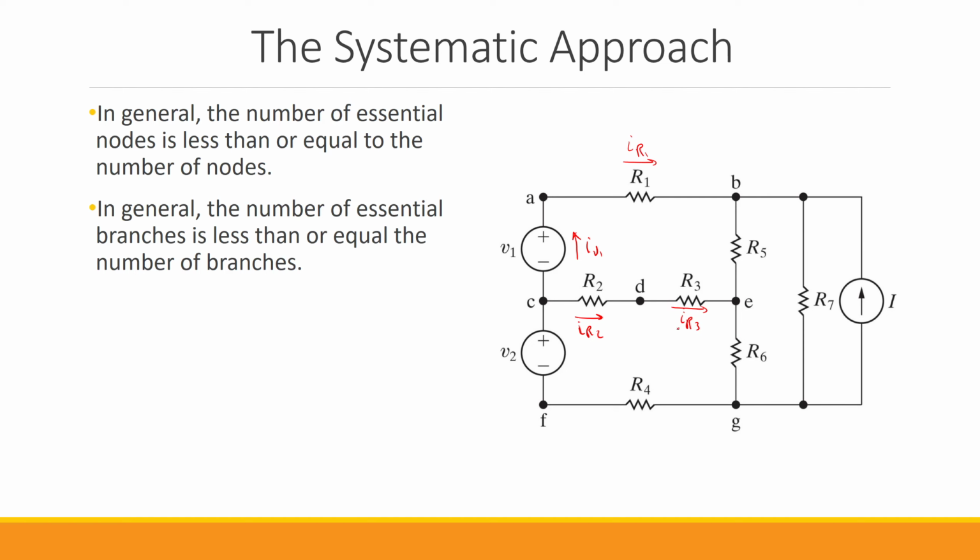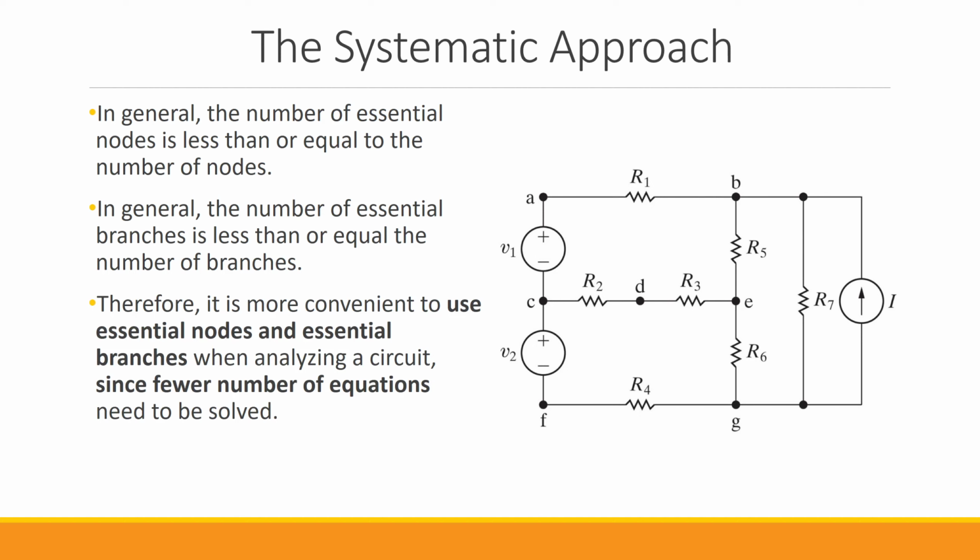So if we know only one of the two, we basically know both of them. Because of this, we can modify the initial systematic approach to not work with nodes and branches, but instead work with the essential nodes and essential branches.